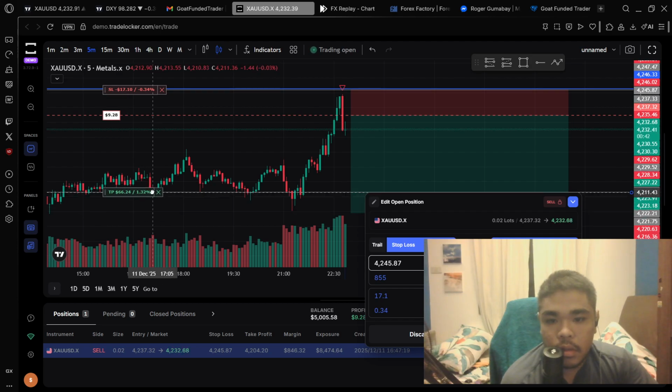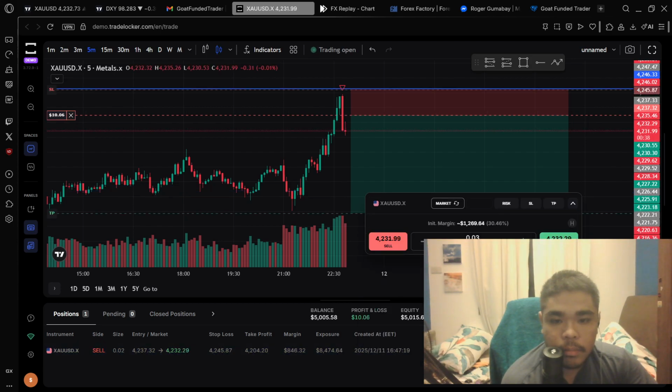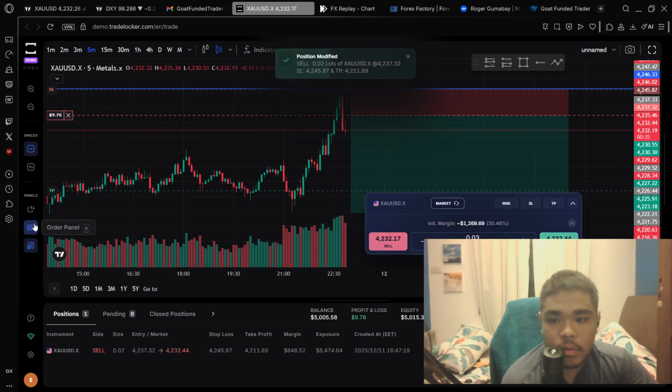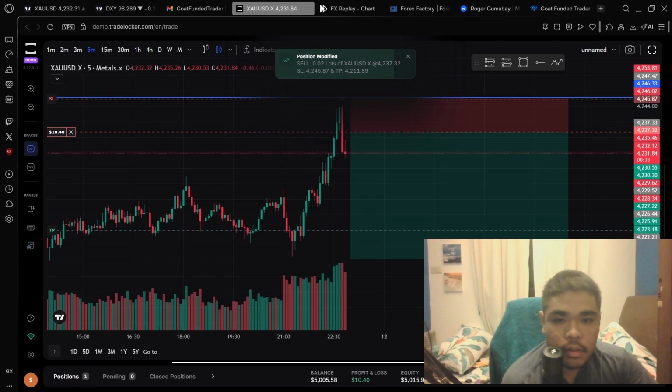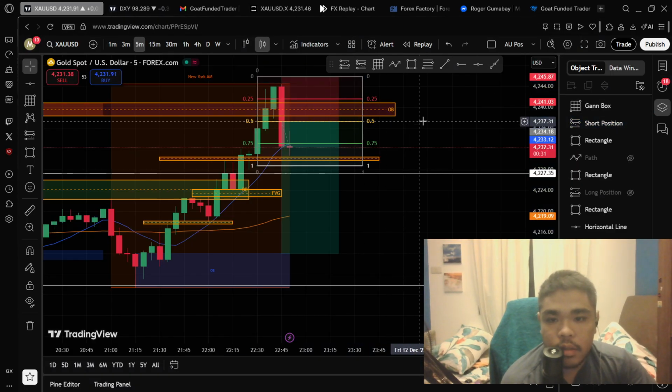So our full TP should be right here on this level. Confirm. Remove the order panel. We could set break even, to be honest, to mitigate our risk.